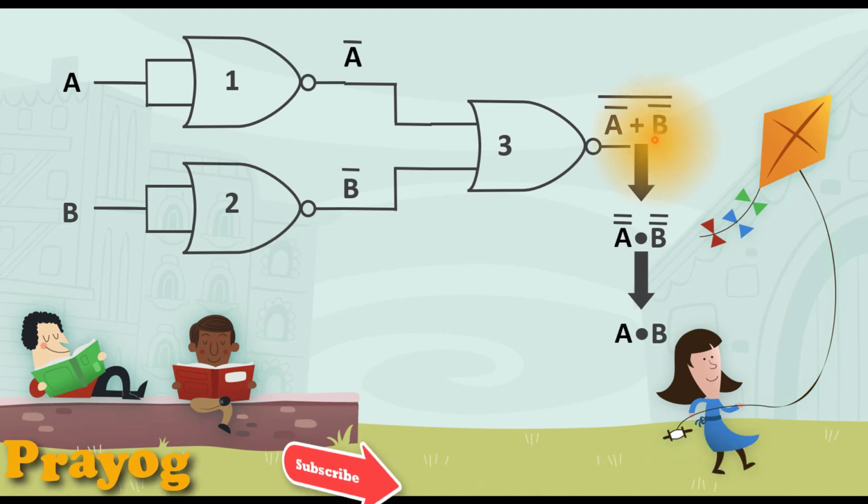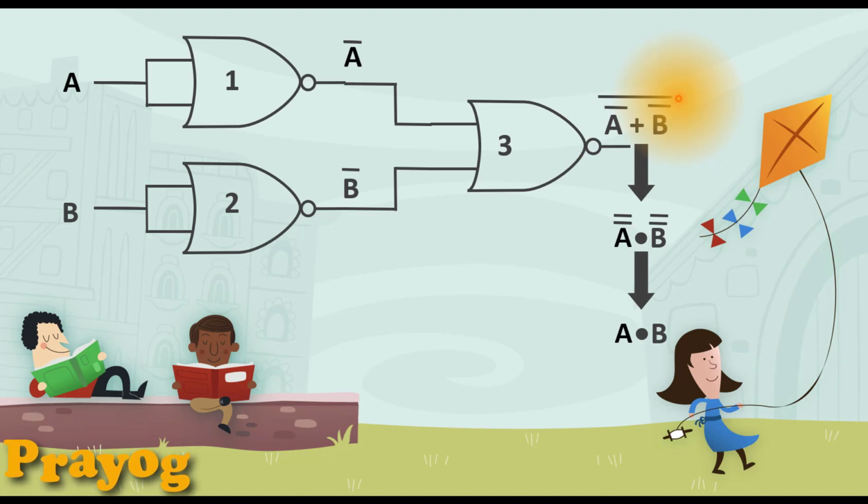Now recall De Morgan's theorem. It says X plus Y whole bar is equal to X bar into Y bar, so that A bar plus B bar whole bar is going to be A bar bar into B bar bar.